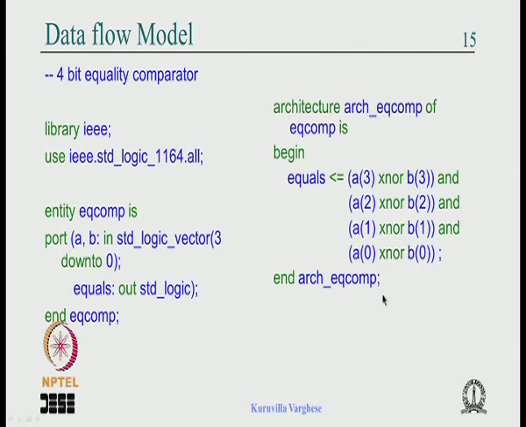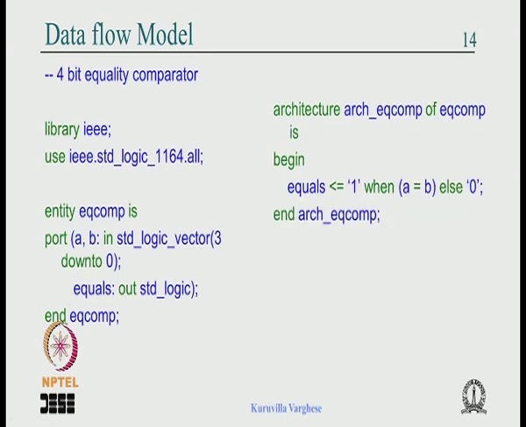So this can be quite difficult even if you copy, paste and edit all that. But if you come to the previous code and you want a 32-bit equality comparator, you just write 31 down to 0 and no change is required.